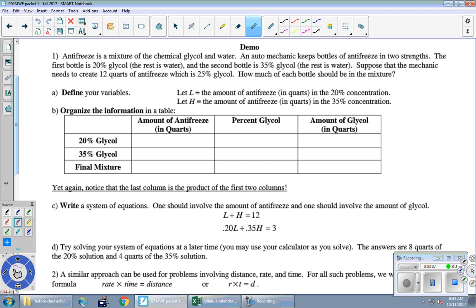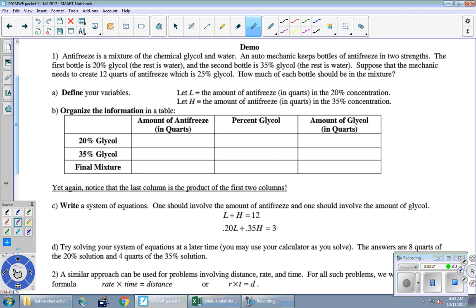Would you guys buy that the percentage of glycol in the mixture is just halfway between 20 and 35? Oh, we don't buy that? I want us to buy that. I think it's true. If you use equal amounts of the 20% stuff and the 35% stuff, the thing at the end of the day is going to be right halfway between 20 and 35, 27 and a half. I think so.